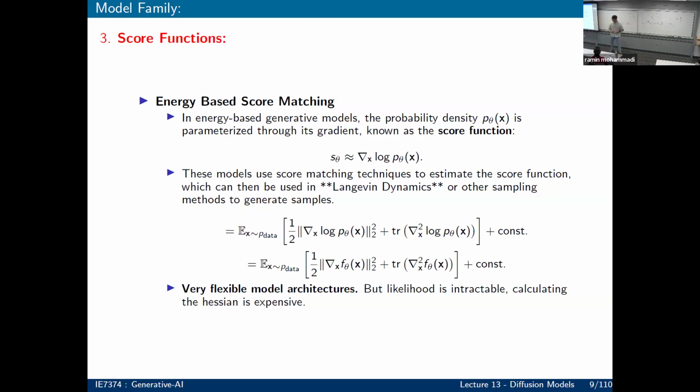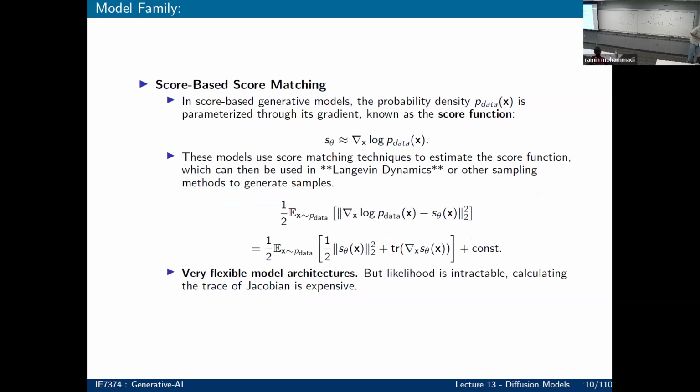Even if you replace this term with the neural network, you still need to take a gradient over that neural network. And when it's larger, that becomes expensive and hard to calculate. So the idea was that this approach is expensive. That's where the second type of score matching came in, and the idea of this next one.